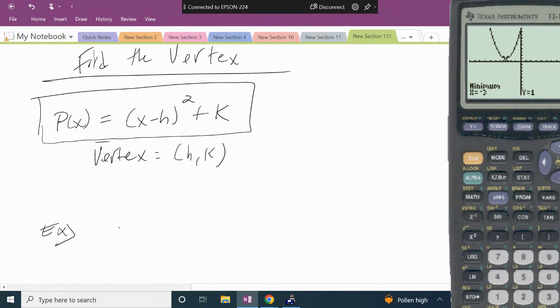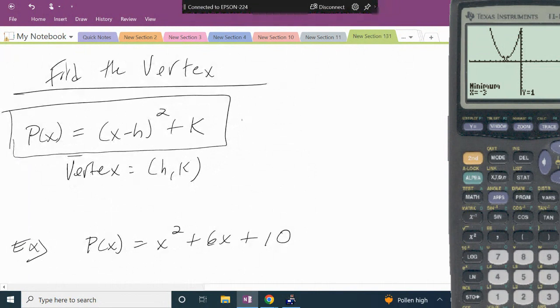All right, so we have P of x is equal to x squared plus 6x plus 10. So I'm going to call this the vertex form of a quadratic.